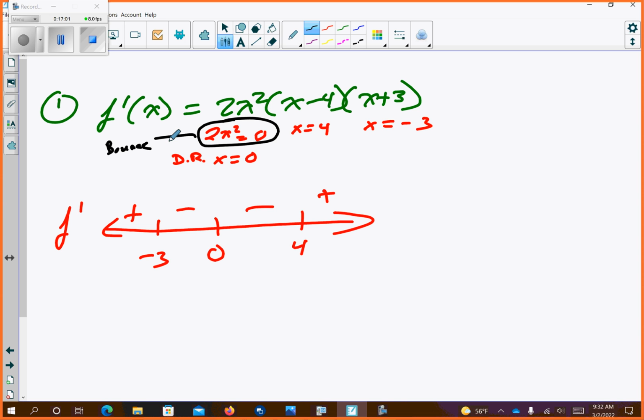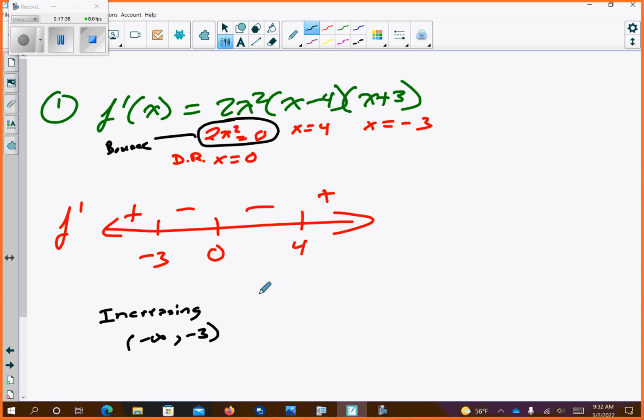So if we want to show where this is increasing, let's see, I have a positive slope and then a negative slope from this. So it's increasing from negative infinity to negative 3. Negative shows it's decreasing.